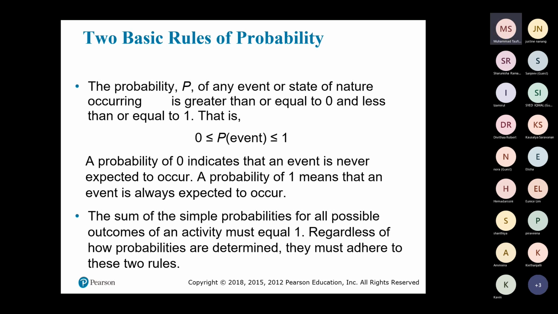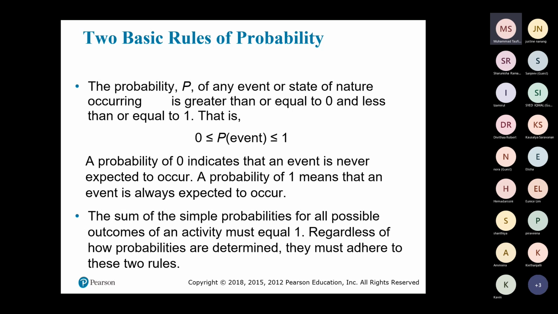So the value of probability will be between 0 and 1, such as 0.5, 0.7, 0.8, or you can also represent it as a percentage: 50%, 70%, 80%, 99%. So that is the first rule in probability.